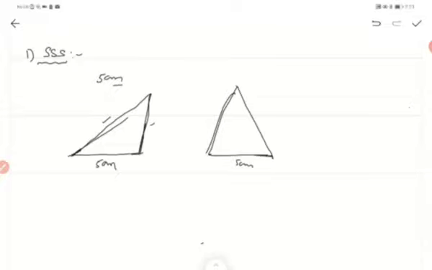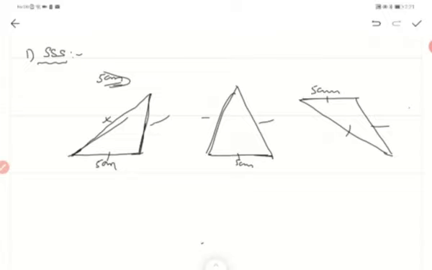And if I ask someone else to draw with the same 5 centimeter, maybe they will draw like this. One side is the same 5 centimeter. So all of us took the same 5 centimeter which is given, and the rest of the two sides we took in whatever manner we wanted, right?